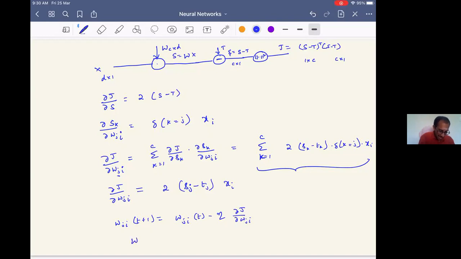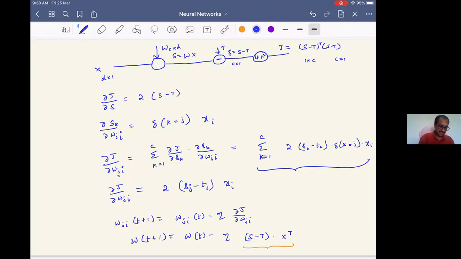Of course, you can also write in matrix form, but I think that is a little involved, so it is better to write in this way. If you write in matrix form, then it will be eta times S minus T into X transpose. Some of you have written this, probably they might have seen it somewhere, but this is the answer. This is also a matrix if you write in matrix form. Okay, any questions on this?